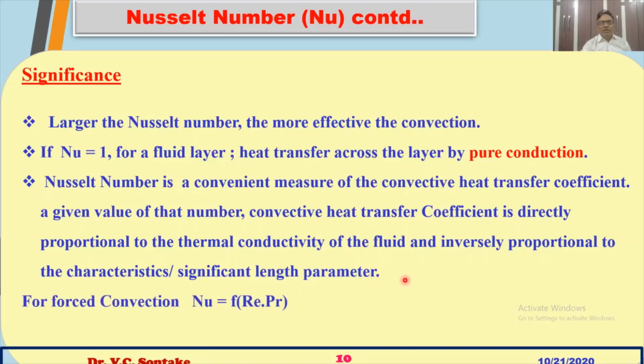And for forced convection, Nusselt number is a function of Reynolds number and Prandtl number. This is a very important correlation as far as forced convection heat transfer rate is concerned. Nusselt number is a function of Reynolds number and Prandtl number.